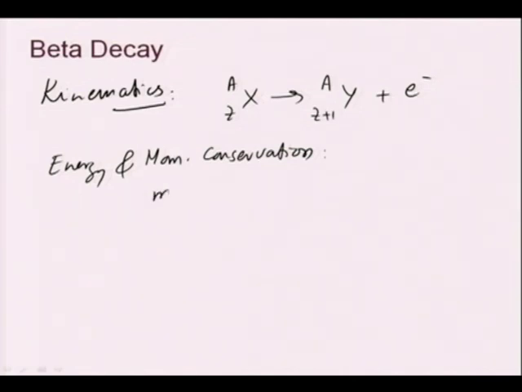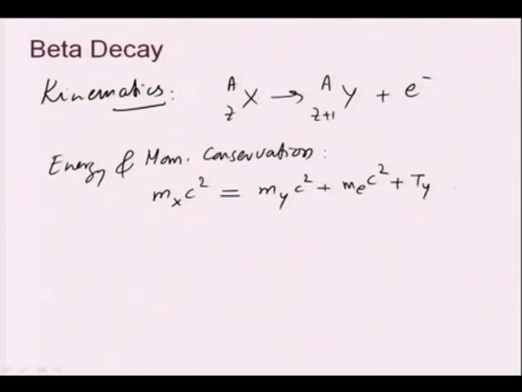So, we can actually have the energy conservation. m x c square: let us consider the rest frame of x, which means that nucleus x is at rest, so it is only having the energy equivalent of the mass as its energy, no kinetic energy. m y c square plus m e c square are the mass energies of y nucleus and electron respectively.